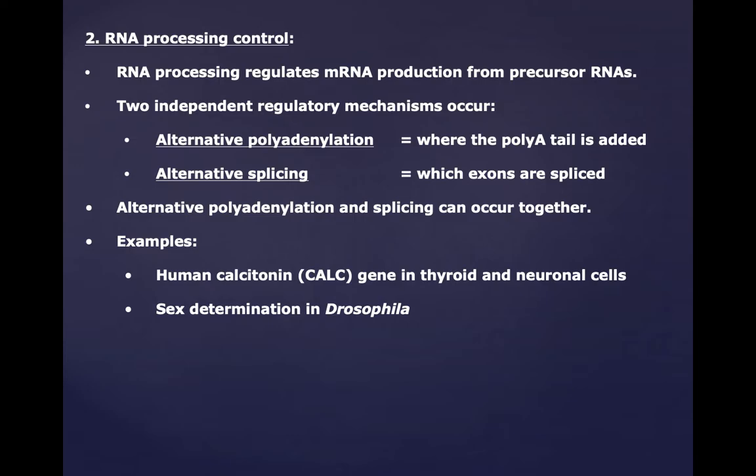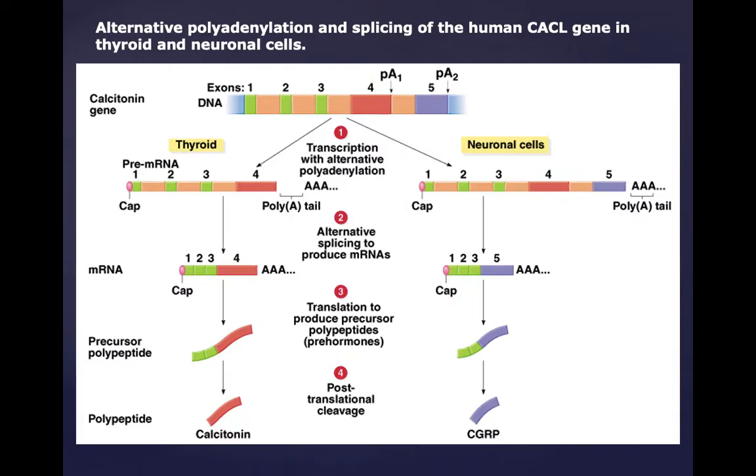There are two examples that I'd like to provide. We have the human calcitonin gene, for the case of thyroid and neuronal cells. How this gene is regulated is actually varied in these two sets. And then we have sex determination in Drosophila.